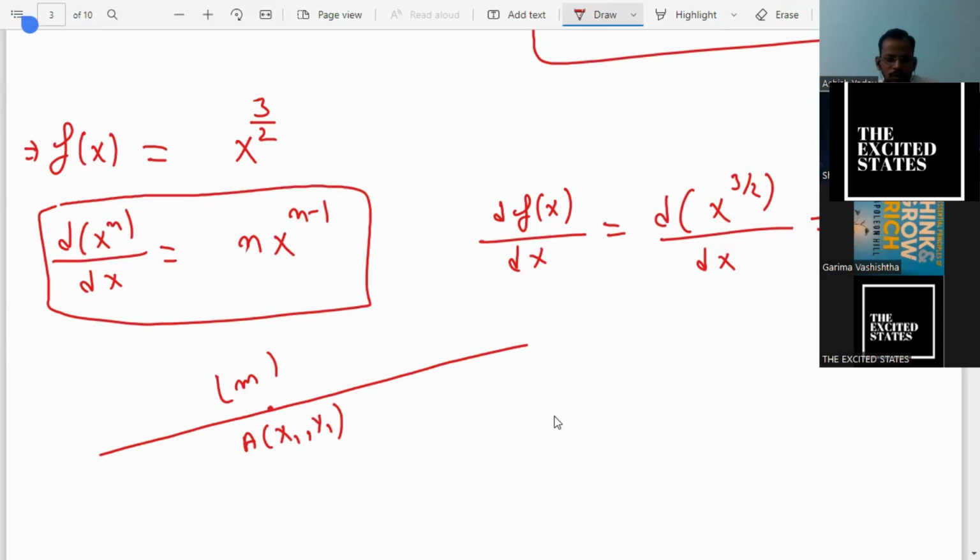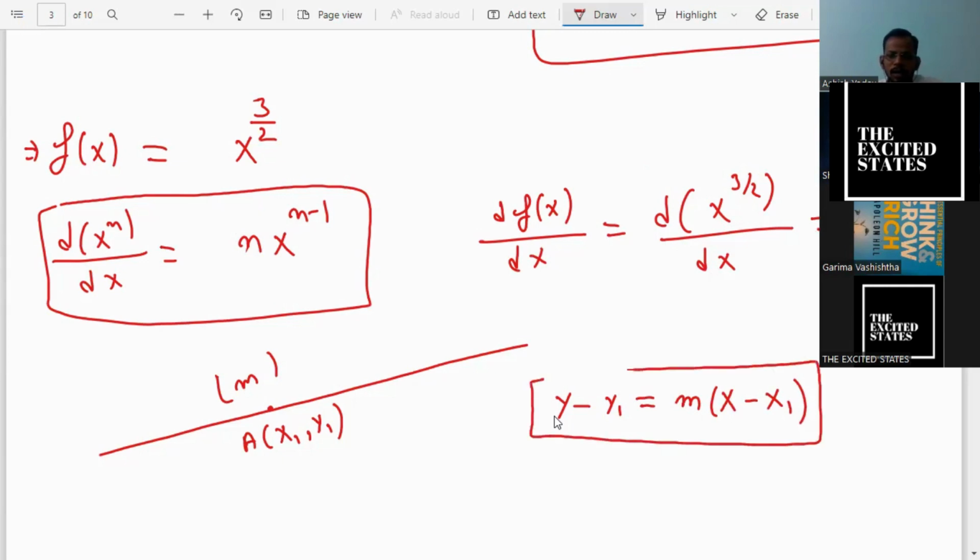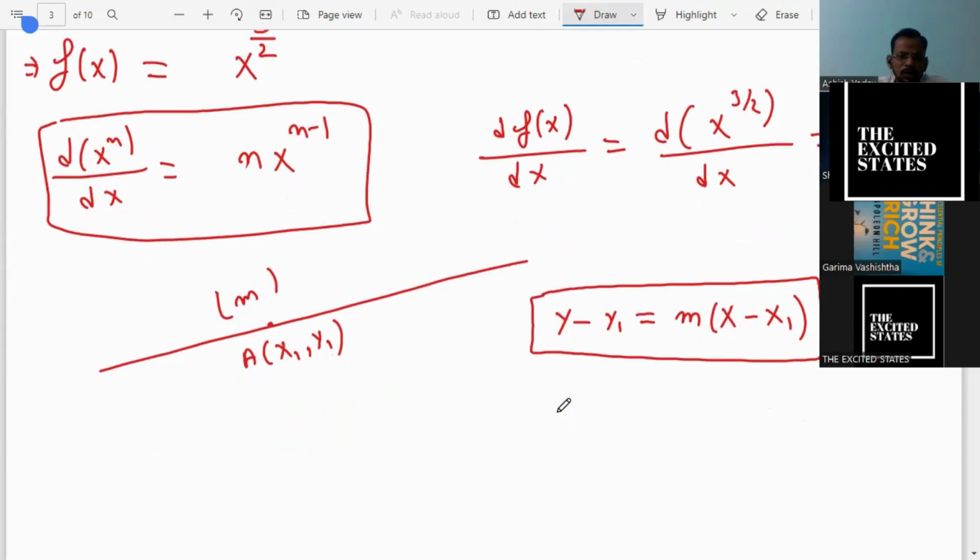Let me tell you if you are not familiar. y minus y1 will be equal to m into x minus x1. That means you have covered the chapter of straight line and circle also in your 11th. Yes, sir. So this is the equation of a line whose slope is m and passing through point x1 comma y1. I have told you this formula because I want to ask you a question.